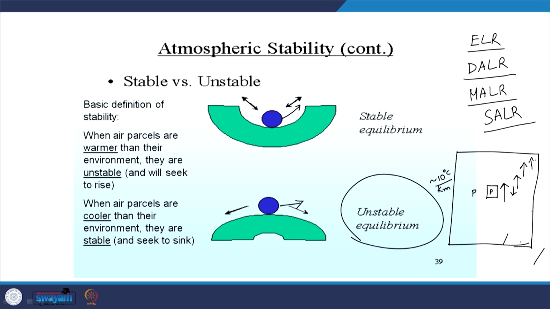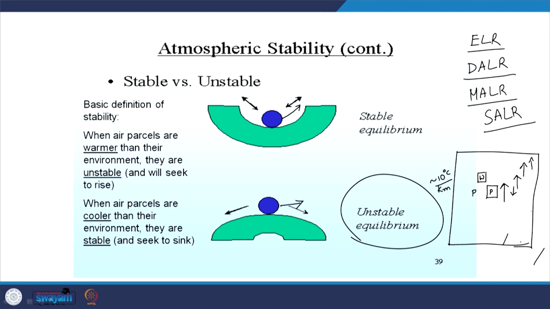Now, let us say the air parcel is raised, right. Let us say the air parcel is now here. Previously this was in equilibrium, that means if the air parcel is not moving by itself, if it is at a constant altitude, then we can say that the temperature inside the air parcel is equal to the temperature of the environment. Now, after having raised it by a certain altitude, if this air parcel is warmer than its surroundings, what should happen?